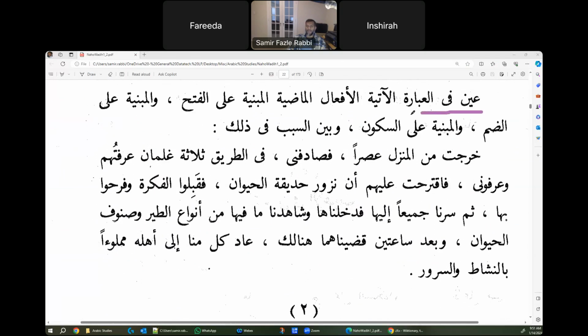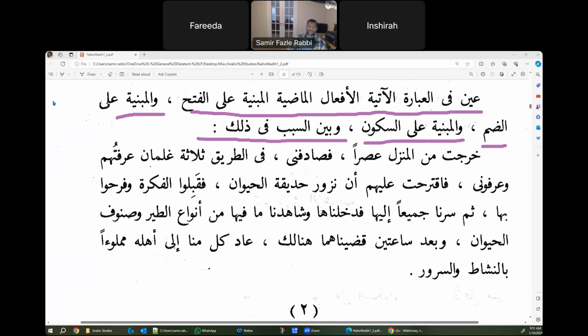Specify في العبارة الآتية, in the following expression, الأفعال الماضية المبنية على الفتح, the past tense verbs that are built on the fath, ومبنية على الضم, and the ones built on dhamma, ومبنية على السكون, and the ones built on the sukun, وبين السبب في ذلك, and then the reason for it.